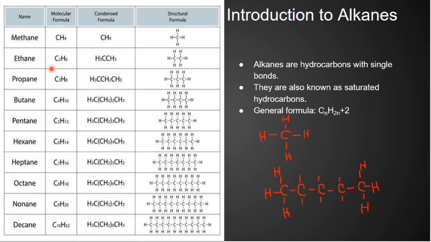Okay, so now please note that the arrangement of this family, that is the members of the alkanes, are in this order from methane to ethane, propane, butane, pentane.